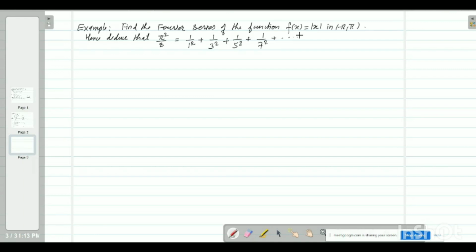This is your problem, and we have to find out the Fourier series of the function. Let us see how to find the solution.